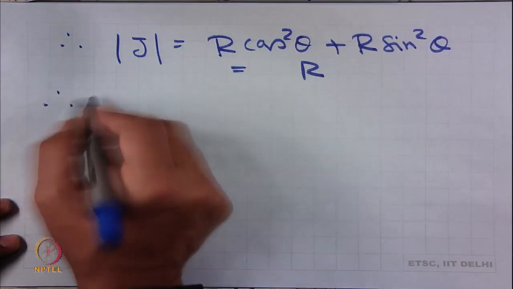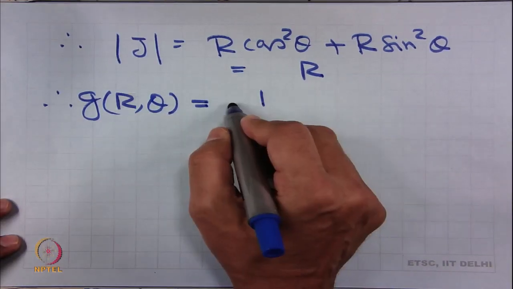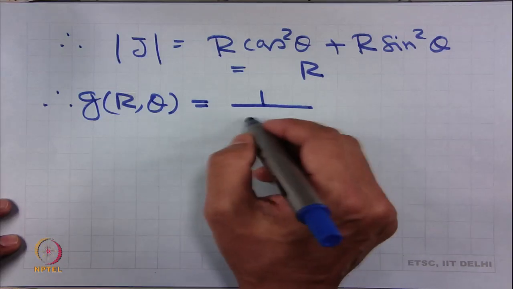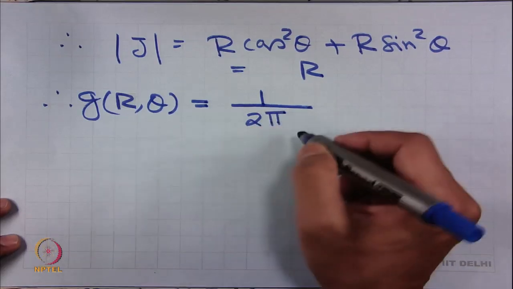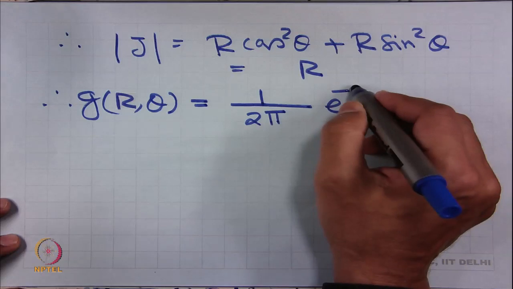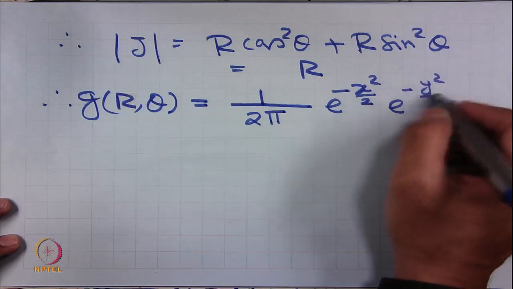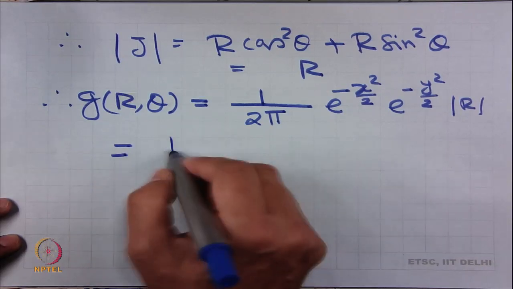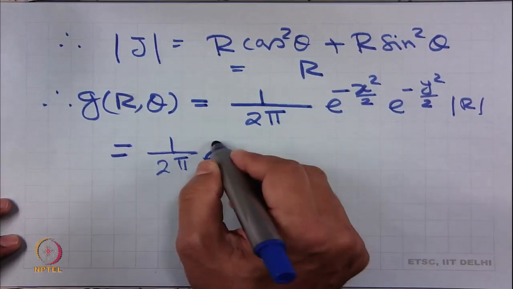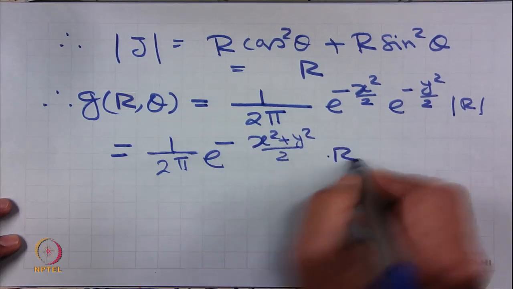Therefore, the joint PDF of r, theta is equal to, since x and y are independent, we can write the distribution as the product of their individual densities, which is 1 over 2 pi e to the power minus x square plus y square by 2 into r.